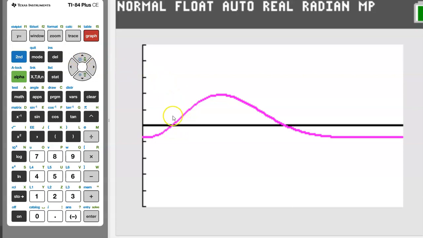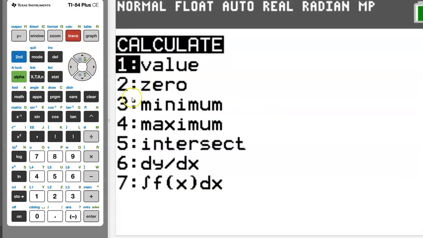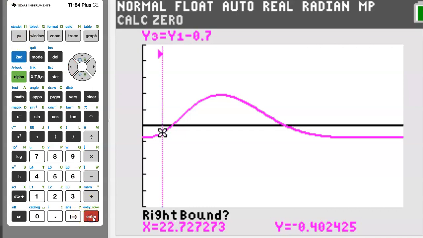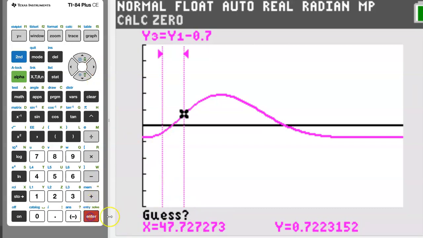Let's use the zero function by hitting second trace and option number 2. The calculator is asking for a left bound. So let's move to the left of the first 0, and we hit enter. Now the calculator asks for a right bound, so let's move to the right of the 0 and hit enter.